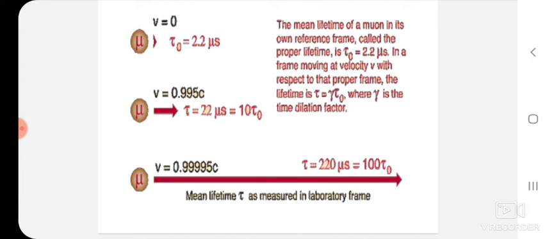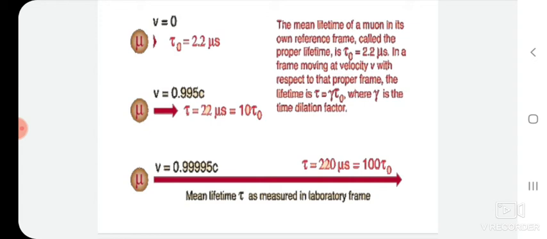If v is equal to 0.99995 times c, it means t is equal to 220 microsecond, which is 100 times the proper time.